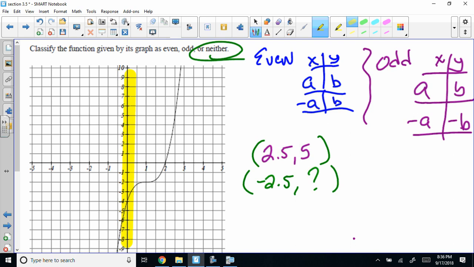Yes or no? If I take this right here and flip it about that line, would it look like it had been? No? Nah. Thank you.